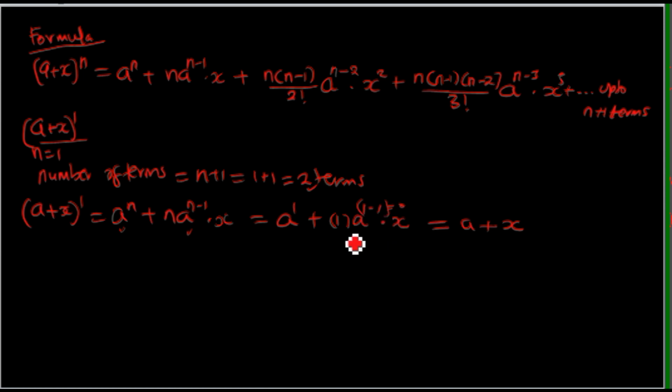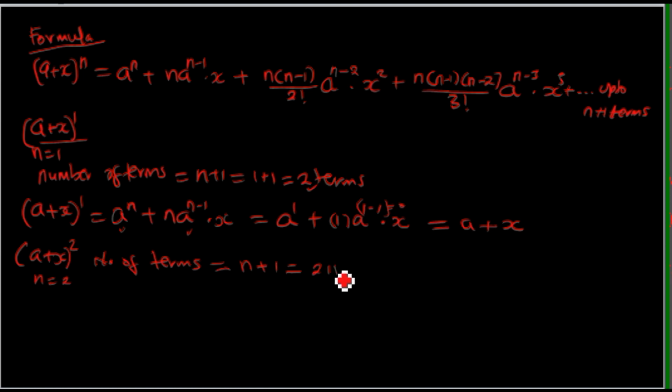If you have (a + x) power 2, our n first of all is 2, and the number of terms equals n plus 1 terms, which is 2 plus 1 equals 3. So we shall have 3 terms.